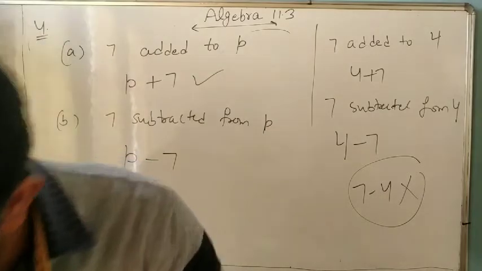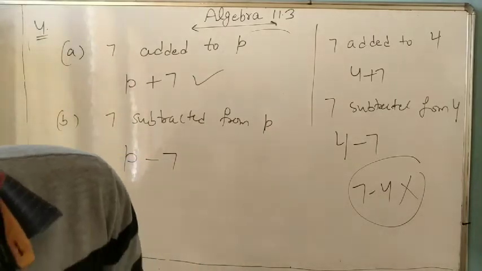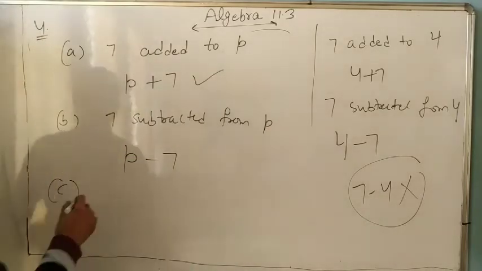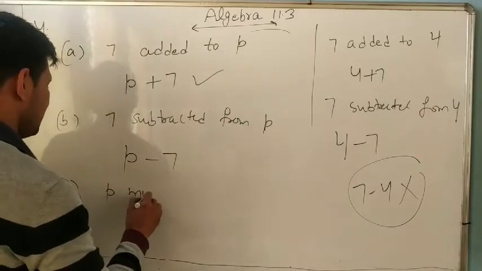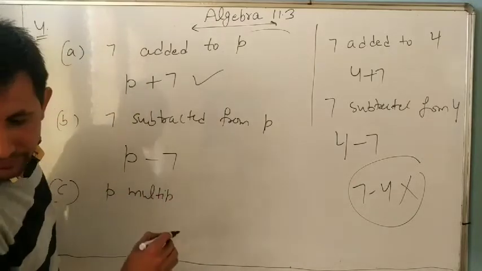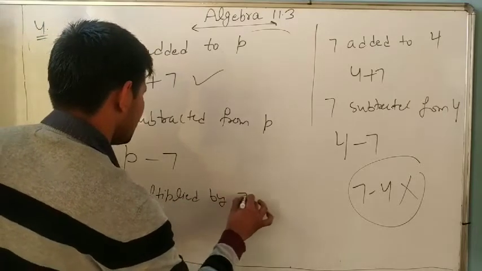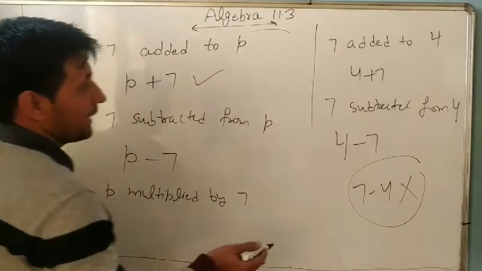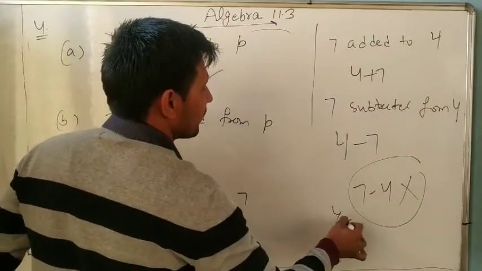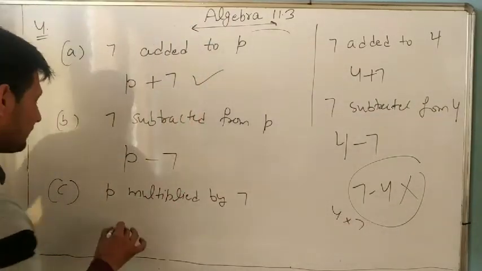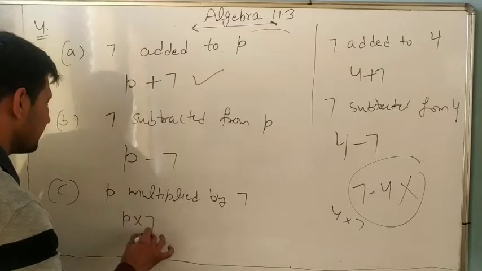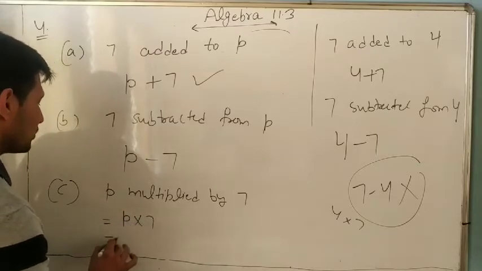Next is the one which is P multiplied by 7. If I write 4 multiply 7, so 4 into 7. P multiply 7, so P into 7.